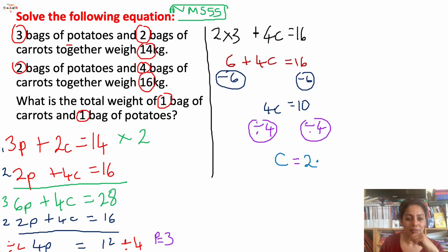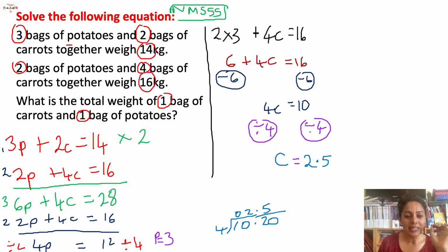So 10 divided by 4. How many 4s are there in 10? There are 2. What's left over? Decimal point. 2 is left over. Put another 0 there. How many 4s are there in 25? So that's why the answer is 2.5. Okay, that's your division to help you there.